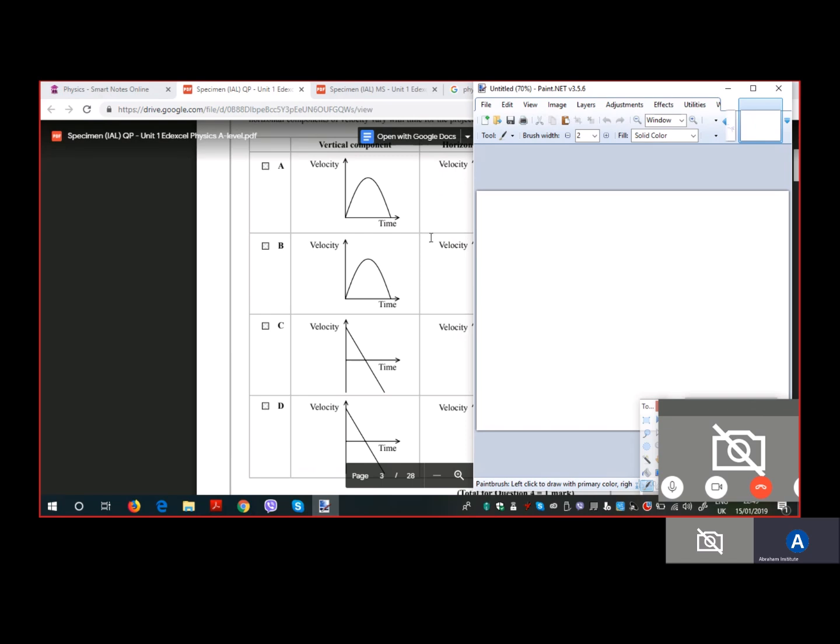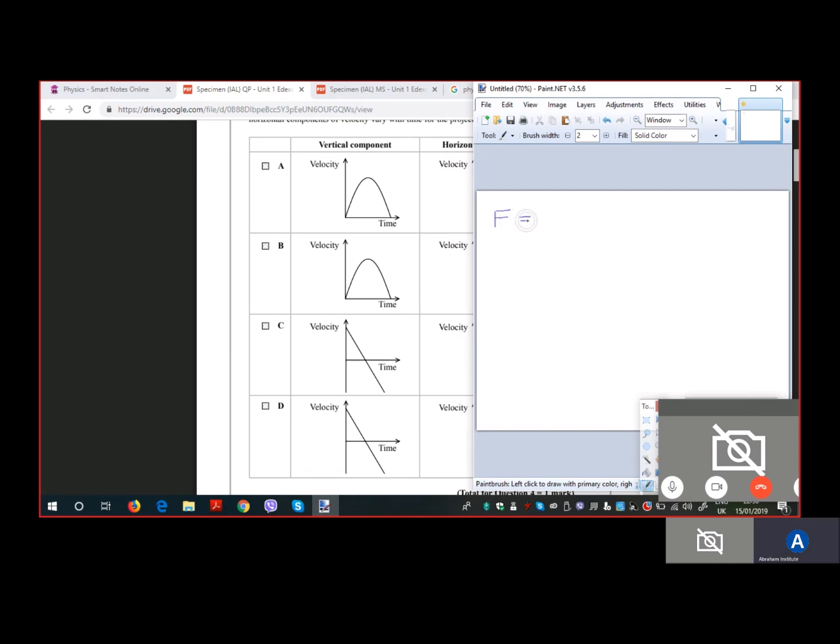So what happens now when something is thrown up? So the gradient, right? When something is thrown up, we have this equation F equals ma, Newton's second law. Newton's second law states that the resultant force and the acceleration which this resultant force produces are in the same direction. Mass is constant, so the mass of the projectile doesn't change.